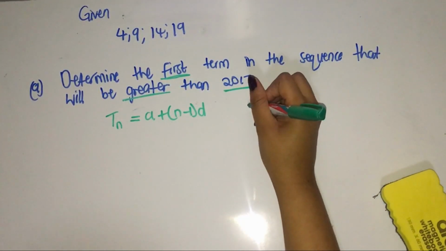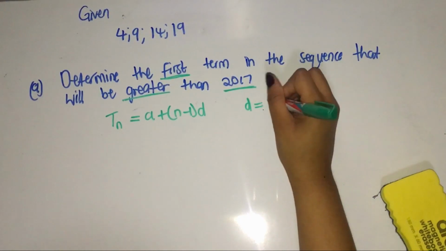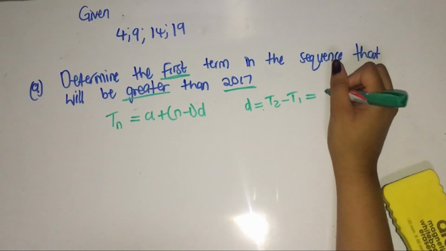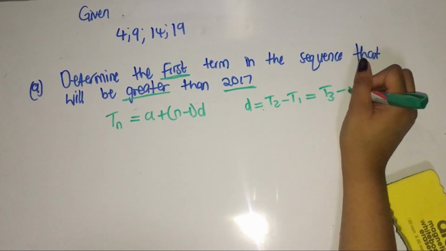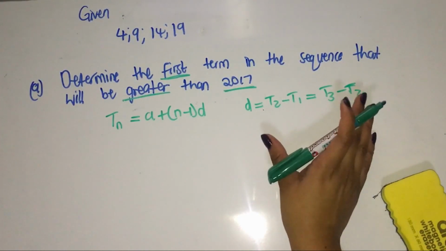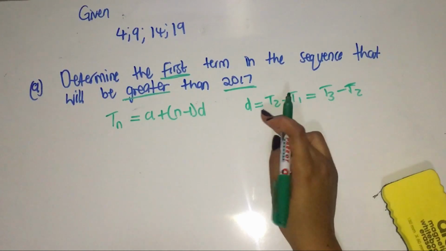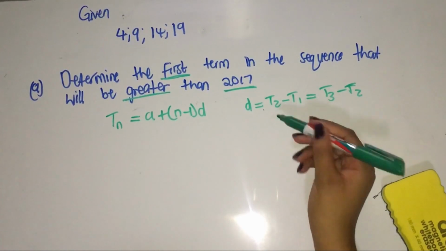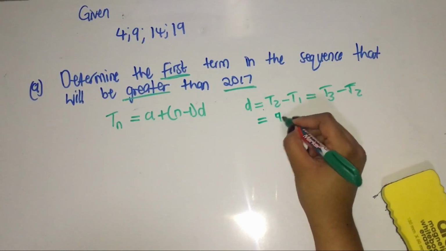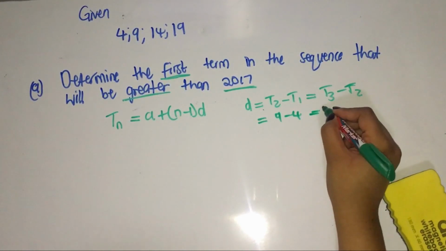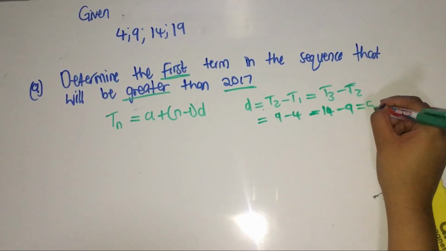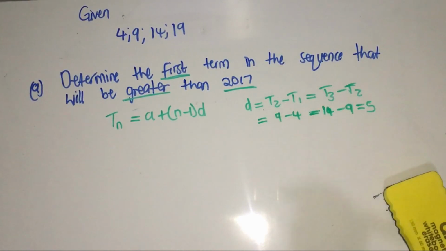And we know that our difference is T2 minus T1, which is the same as T3 minus T2, because it's an arithmetic sequence, so the difference is constant. So our T2, which is 9 minus 4, is the same as 14 minus 9, which is 5. So our difference is 5.